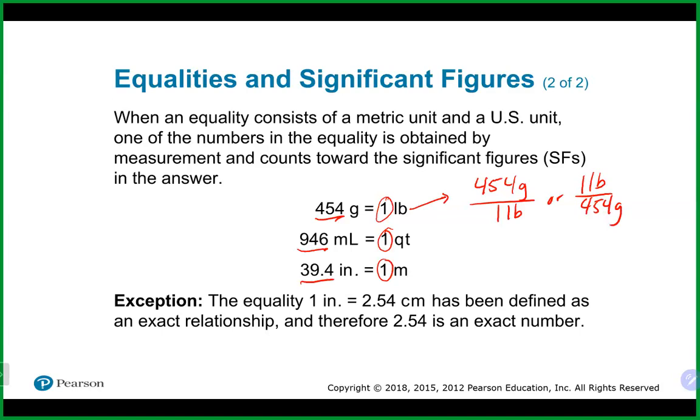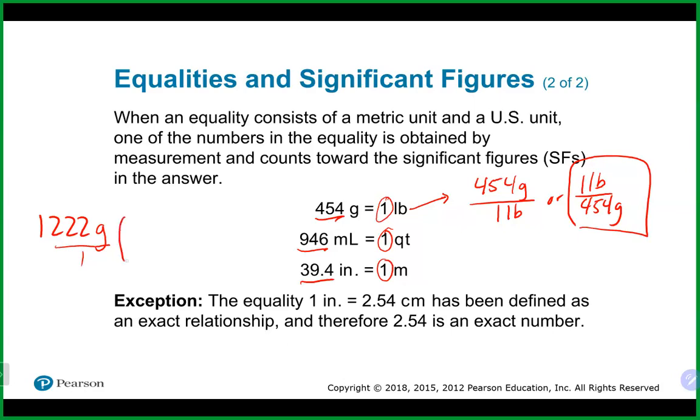So let's just say that we did a calculation and we had 1,222 grams, and we wanted to know how many pounds that would be. Once again, here we have grams and it's on top, so we need to go opposite of that to get rid of it. We will take the conversion factor here on the right to do that.